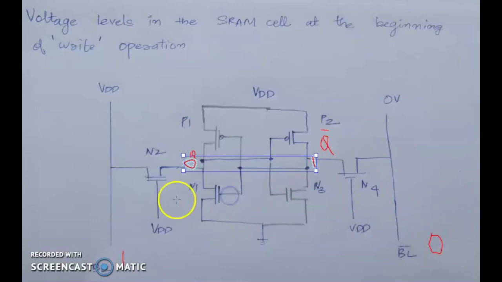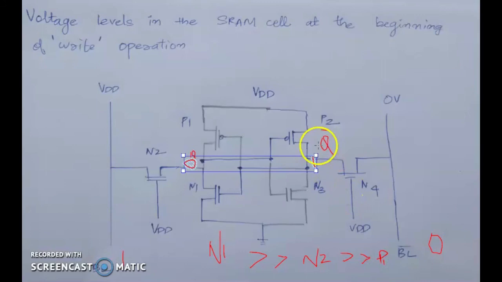So to change the stored information in such a way that Q turns to 1 and Q bar turns to 0, the node voltage at this point has to be reduced below the threshold voltage of N1 so that N1 turns off first. So for this to happen, while designing the SRAM cell, we should take care that N1 should be stronger than N2, greater than P1.